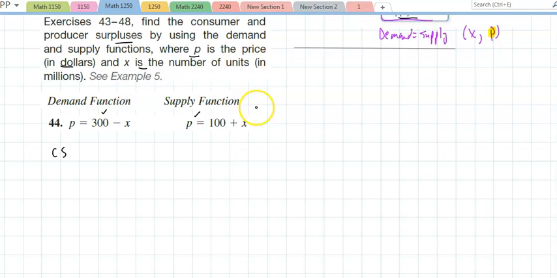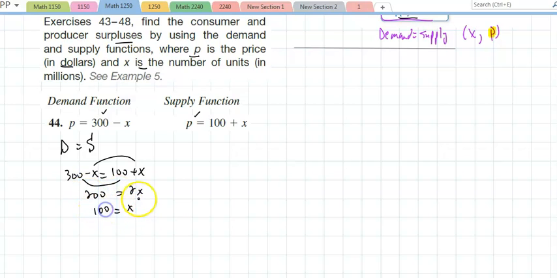I need to figure out when the demand equals the supply, and that is when 300 minus X equals 100 plus X. That is 2X equals 200, or X equals 100.